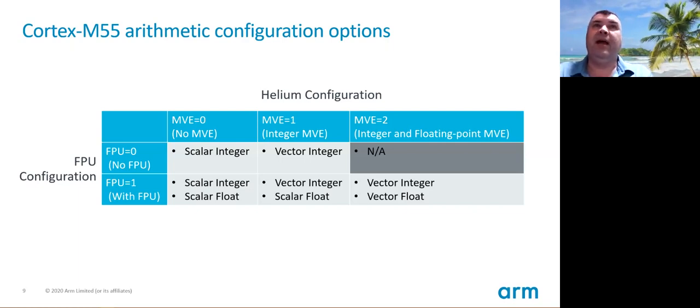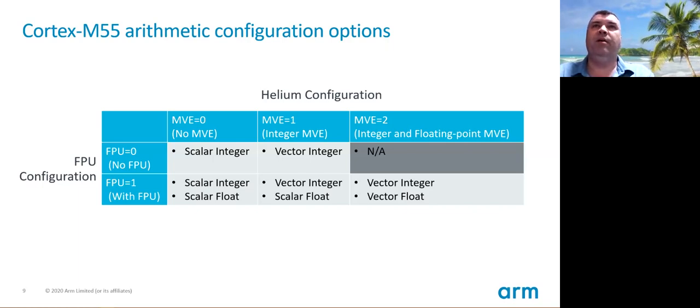For example, you can create a Cortex-M55 with floating point hardware, but only where that floating point applies to the traditional scalar ALU. So if MVE equals 1 from the silicon point of view, you get integer only vectorization, but a floating point option available only for the scalar operations.